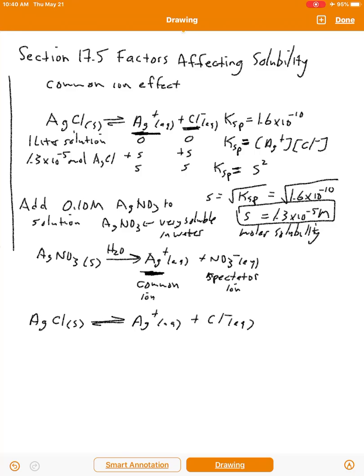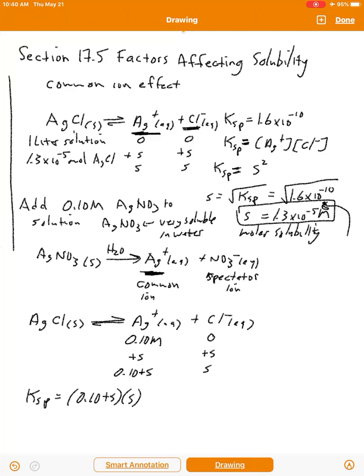Instead of this being 0 initially, it's 0.10 now because all the silver nitrate dissolved. This is still 0 here, since we haven't added any chloride. Q is still 0 because chloride is 0, so we still gain some of these 2 ions. At equilibrium, we have 0.10 plus S, and we have S. So KSP is equal to 0.10 plus S times S. Now, I'm not going to claim that S is going to be the same as before, but it's going to be pretty small compared to 0.10.